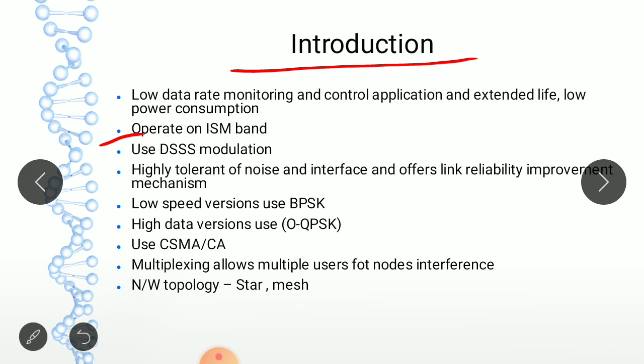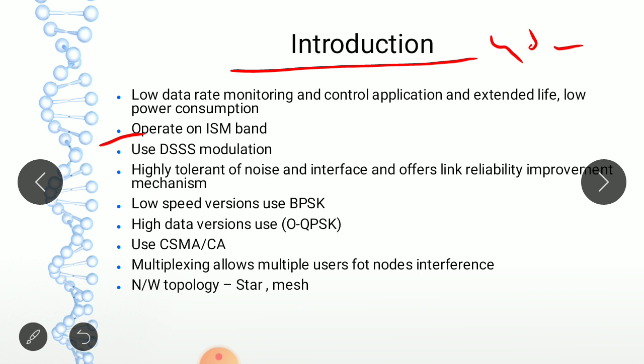In the ISM band various bandwidths are allotted: for 250 kbps speed we require 2.4 gigahertz, for 40 kbps 915 megahertz, and for 20 kbps 868 megahertz.